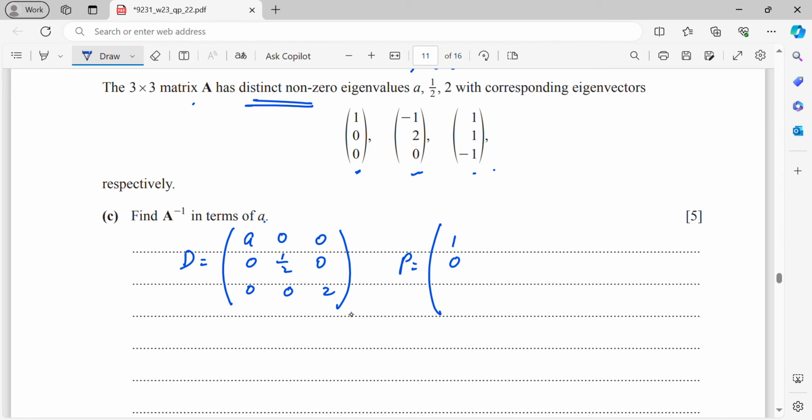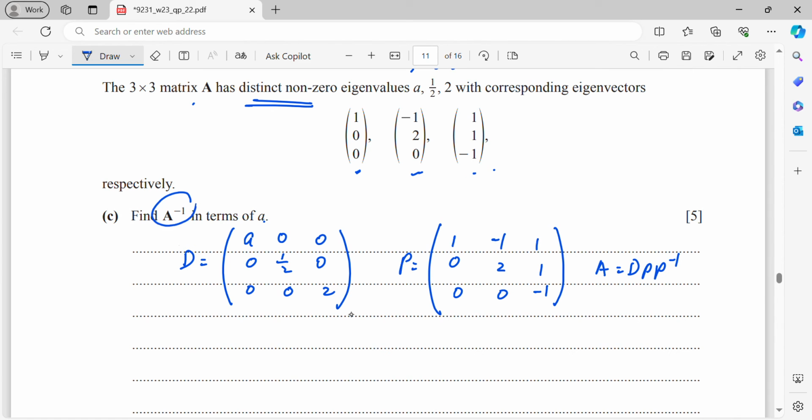So it will be 1, 0, 0, negative 1, 2, 0, 1, 1, negative 1. So now, this is such that A equals PDP inverse.